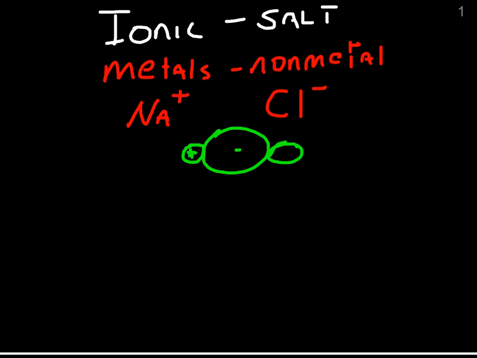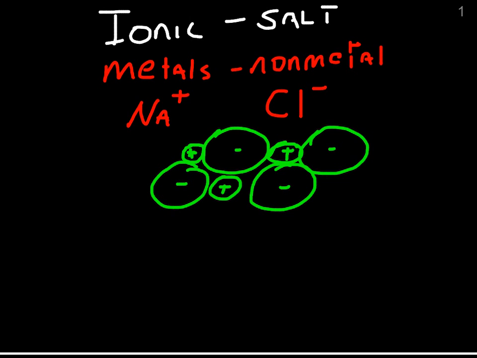This is going to be a positive, here we go for another negative, then a negative ion here, and then a positive. It just keeps repeating like that: positive, negative, positive, negative, positive, negative. So that bond is electrostatic in nature, meaning it's just the positive-negative interaction.